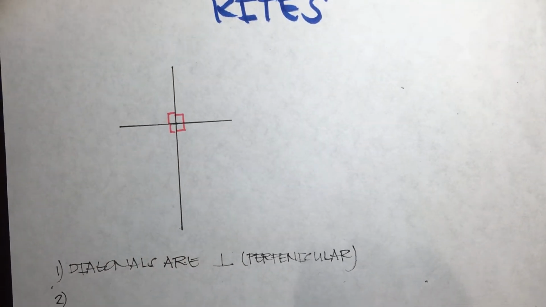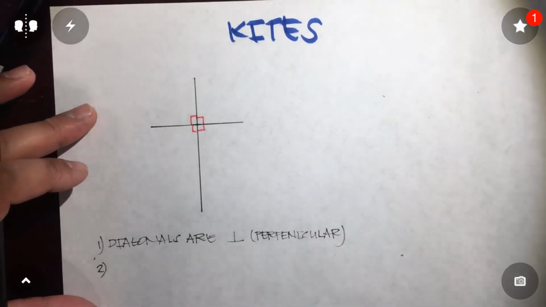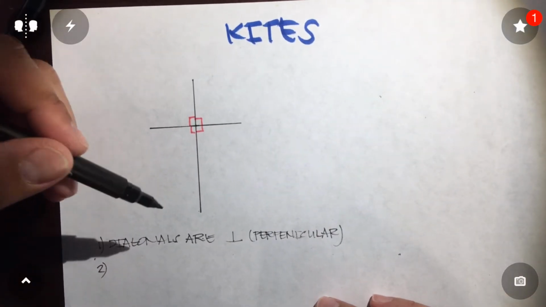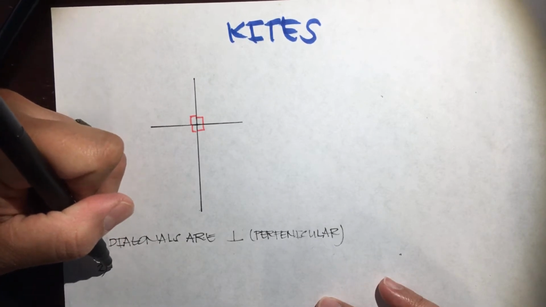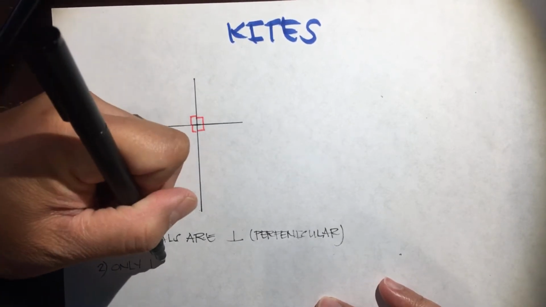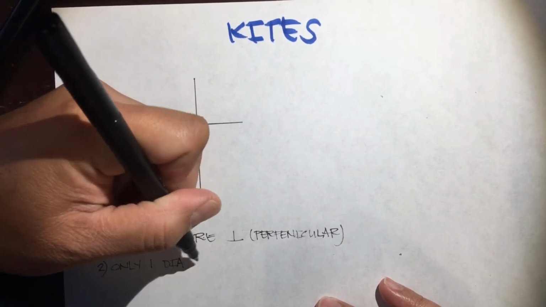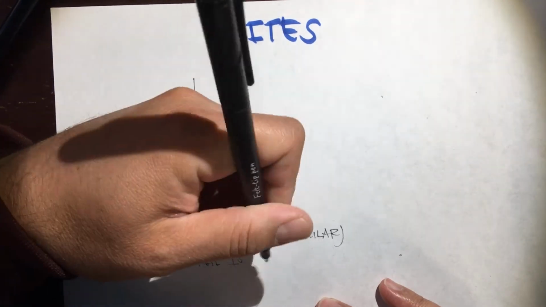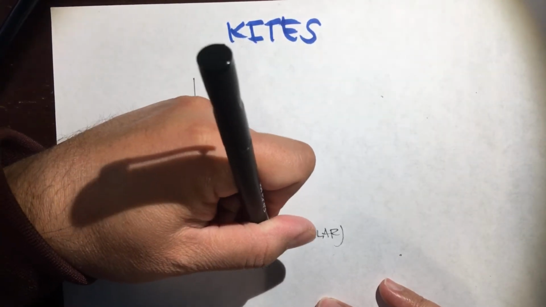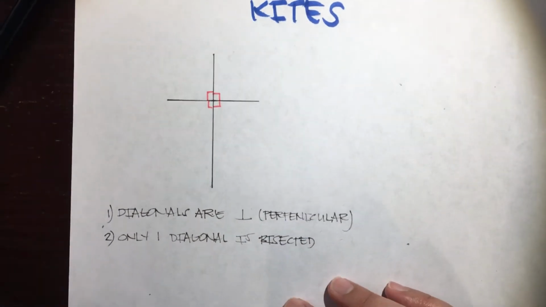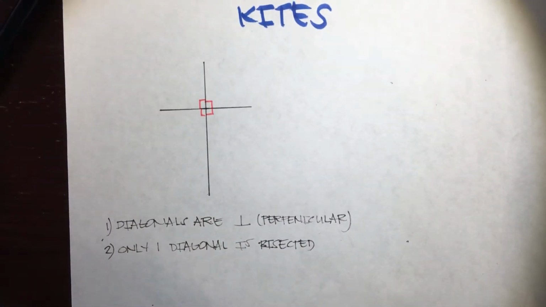So what makes a kite distinct from a parallelogram is that exactly, or only, let's just put only, one diagonal is bisected. Only one. Okay, only one diagonal is bisected.